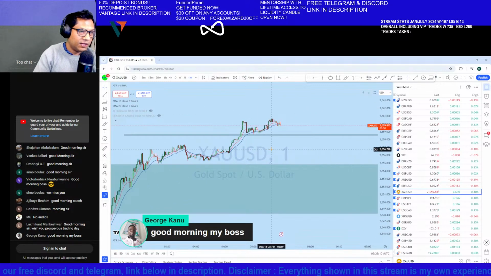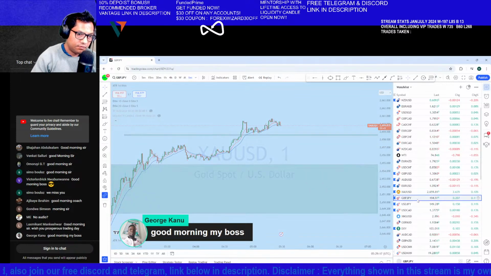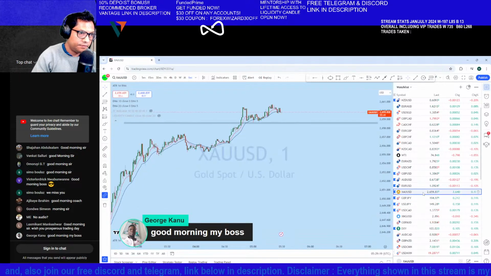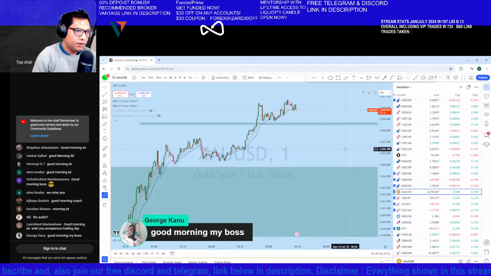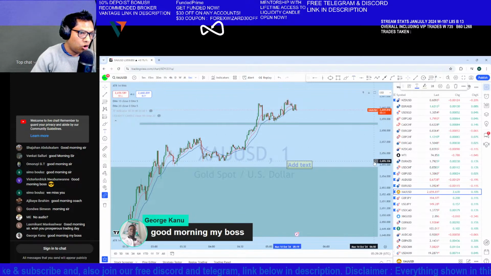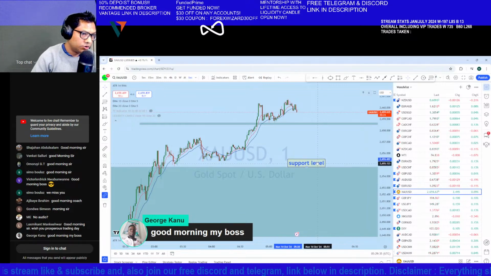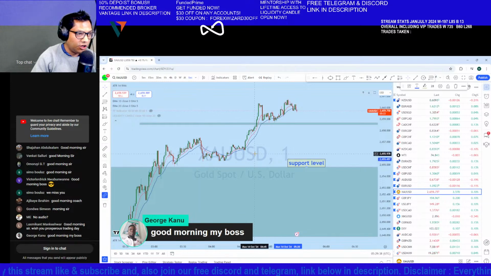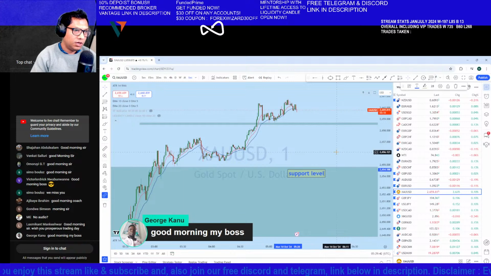So I will be leaving the chart like that, so that you guys are not confused with that. So expecting the market to drop to this support level. Okay, so this is an important support. If the market manages to break below, we can look for a potential entry.